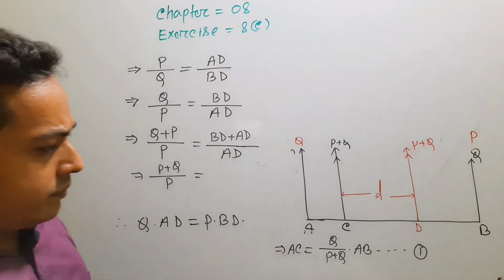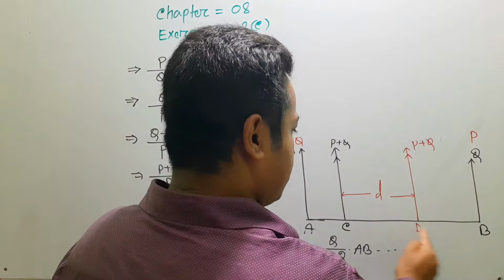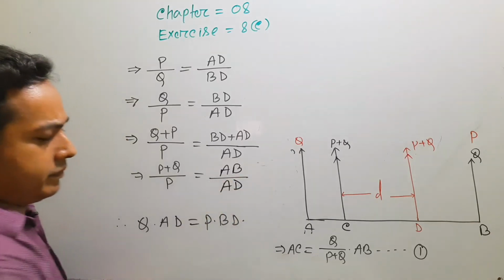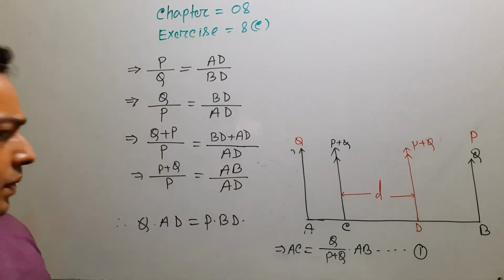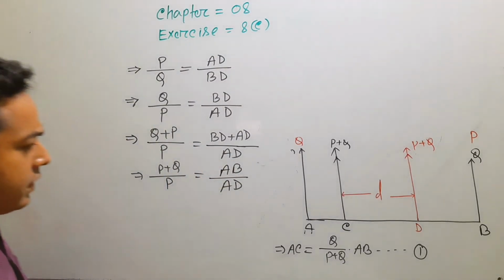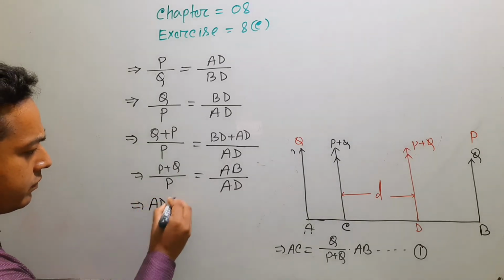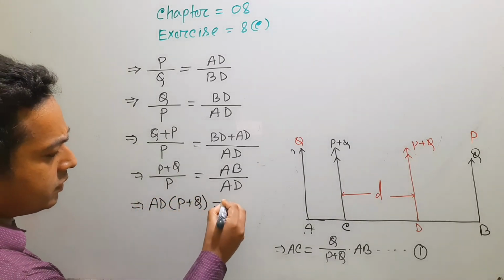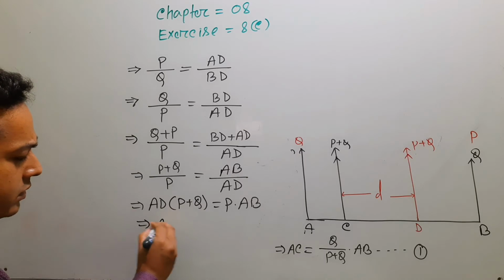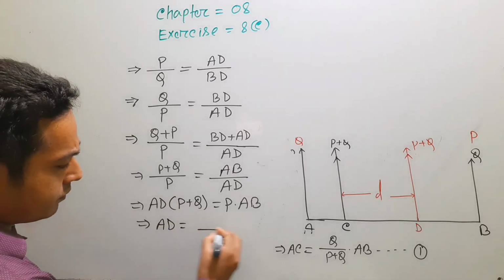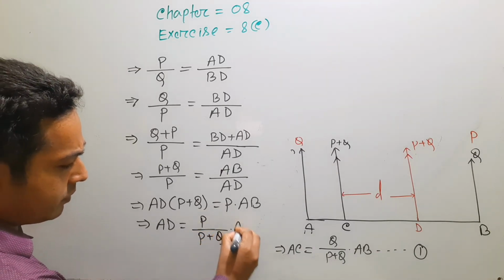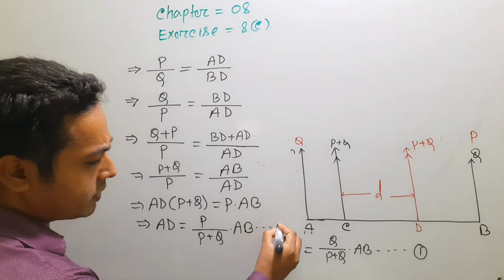BD plus AD we can write as AB, divided by AD. Okay, now we want to find the value of AD from this line. Now AD into (P plus Q) is equal to P into AB, and AD is equal to P divided by (P plus Q) into AB. This is our equation number 2.